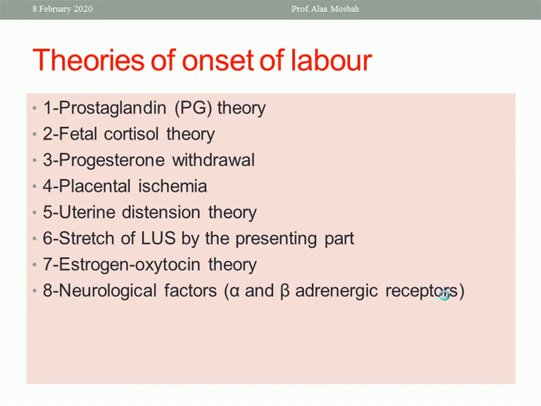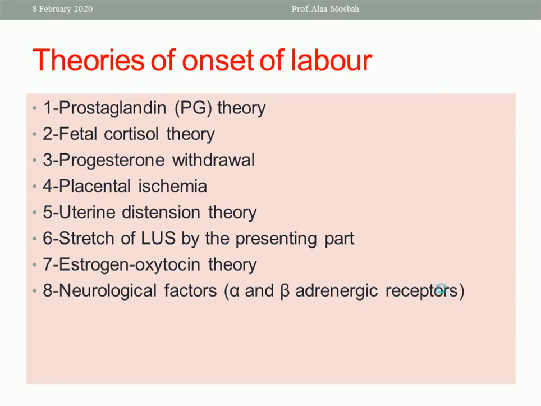Fetal cortisol theory explains the presence of cortisol, which is important to cause lung maturity and may be associated with increased estrogen and increased sensitivity of the uterus to oxytocin.